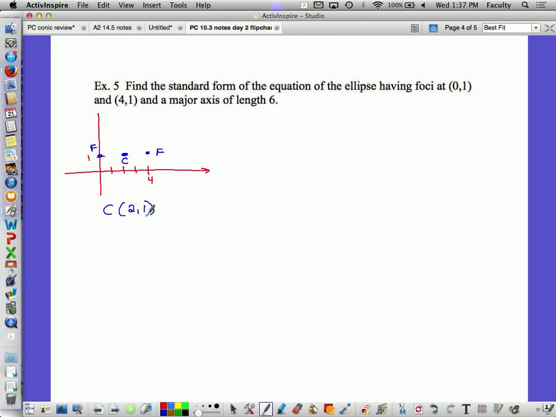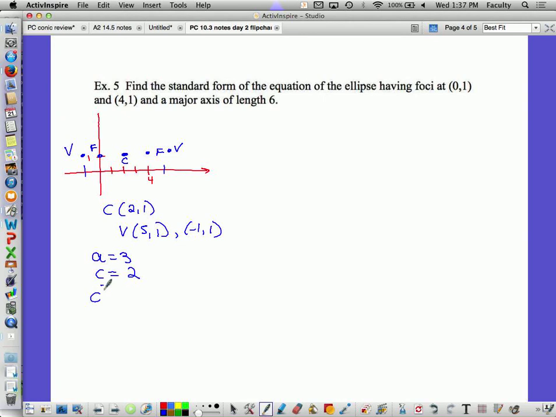Now, you made a wonderful connection, Stephanie, that if the major axis has a length of 6, that means the vertices are 3 units from the center. So now I know I have a vertex at 5, comma 1, and the other vertex is at -1, comma 1. And so that means a is 3, but we do know c because the distance from the center to a focus is 2 units.